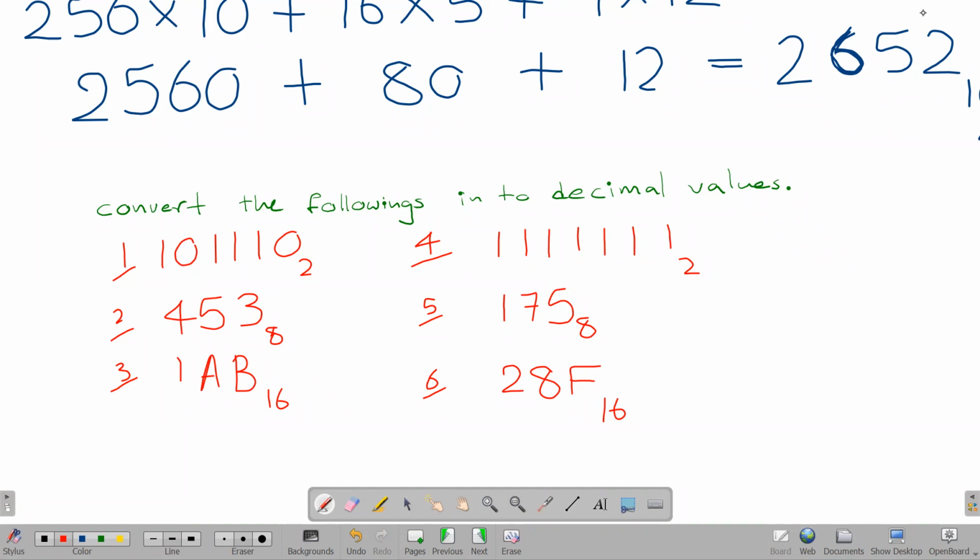Mihini, second one, let me check. Yes, Mihini, second one is correct. First one is correct.